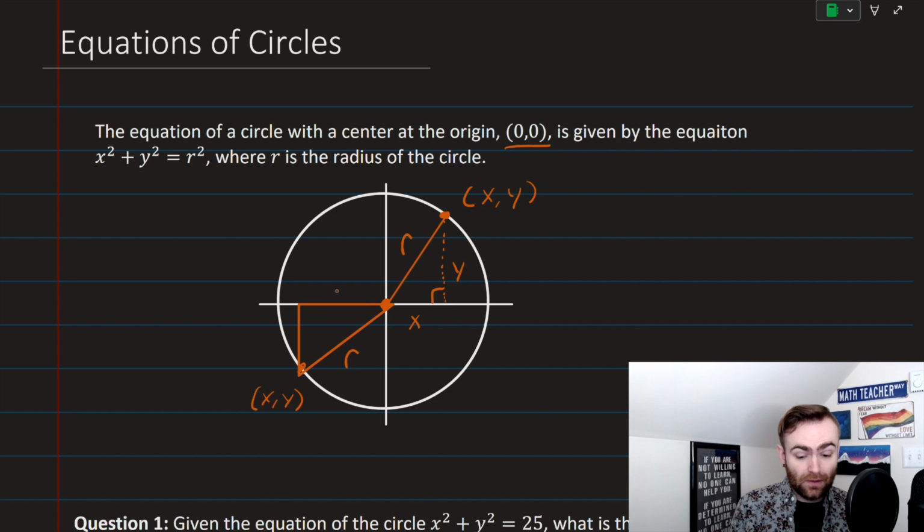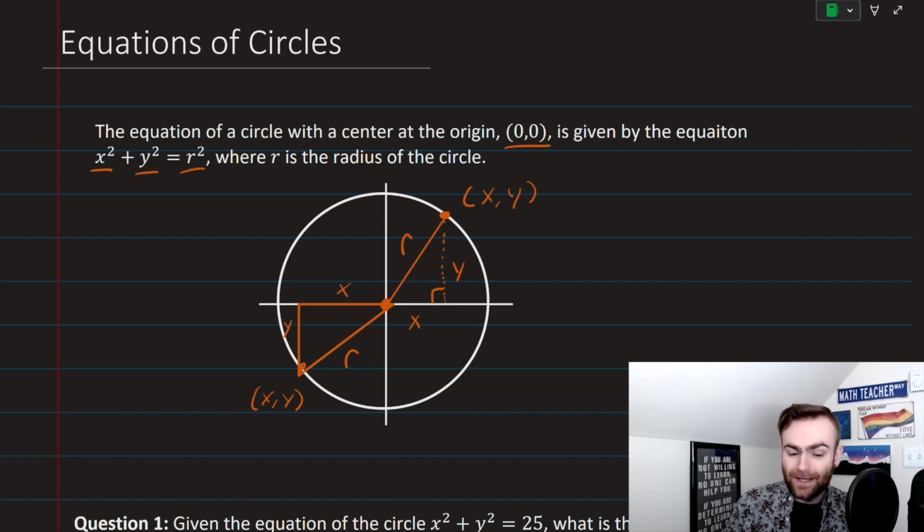This would still be r, this would still be x, and this would still be y, and we can use Pythagorean theorem. It doesn't matter where we are on the circle, we can just use Pythagorean theorem in order to figure out the equation. So that is where we get x squared plus y squared is equal to r squared for a circle centered at the origin specifically.